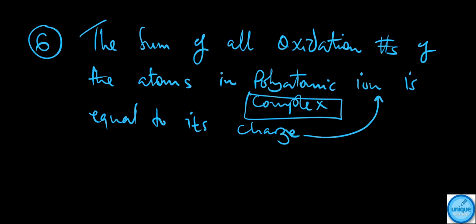Think of ammonium ion. Ammonium ion is NH4+. You see? Now when we add the oxidation number of nitrogen and the oxidation numbers of 4 hydrogens, the answer gives positive 1.